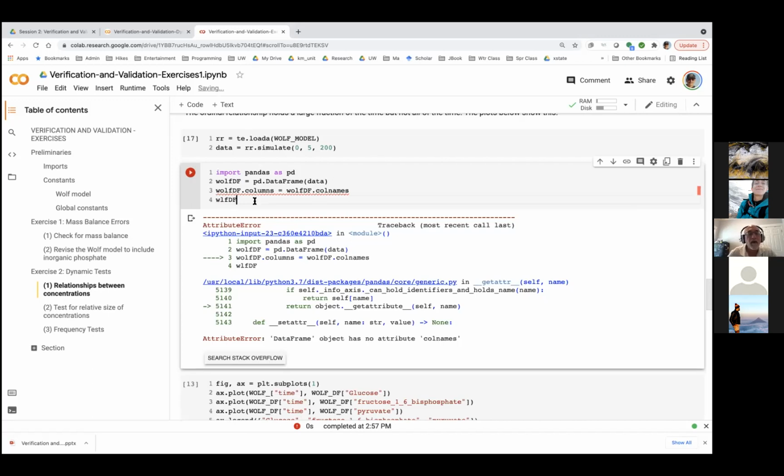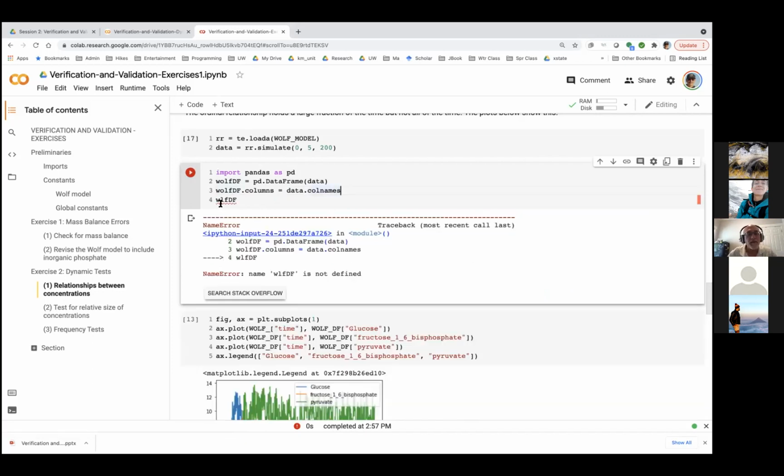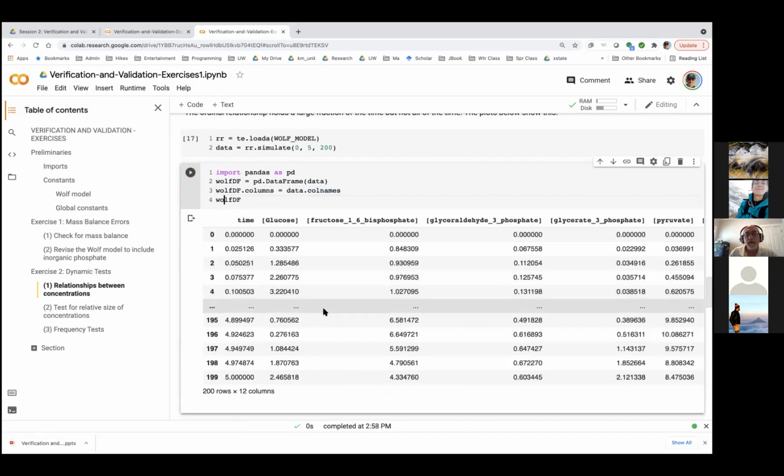Okay, I've got the wrong one. Data is what came out of the simulation. That's where col names is. My bad, it's wolf. And then I've got to spell wolf right. Okay, and there we go.